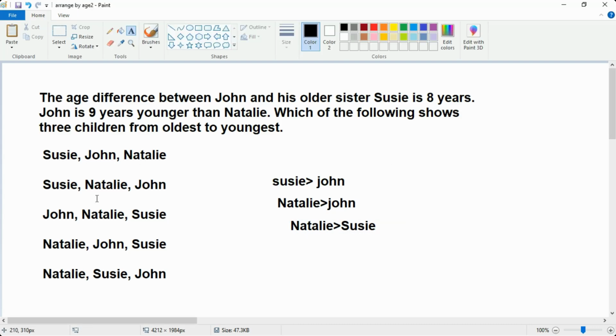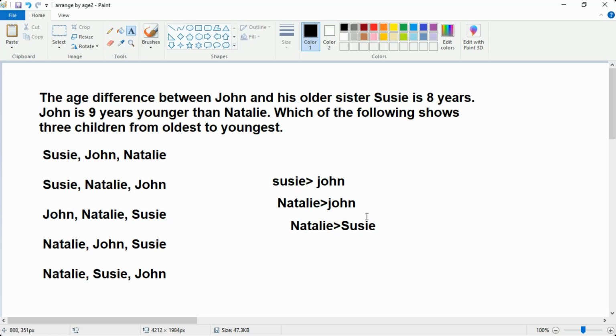So now we have to find the right order where people are arranged by their ages. We know that Susie is older. The first option says Susie is the oldest, and then John, and then Natalie, oldest to youngest.